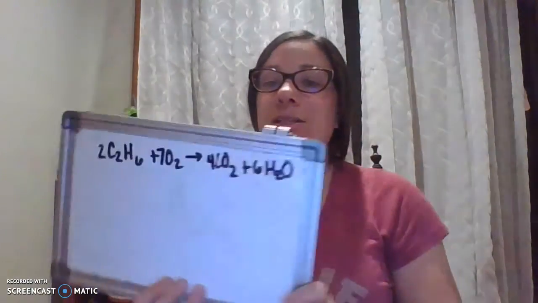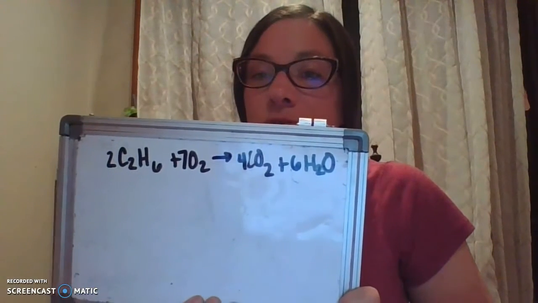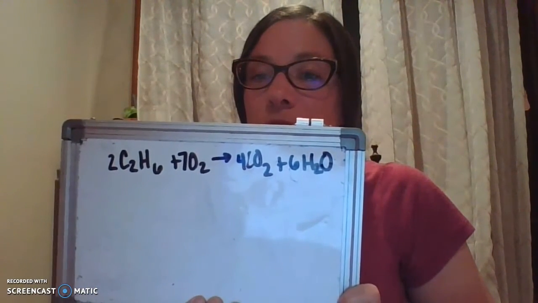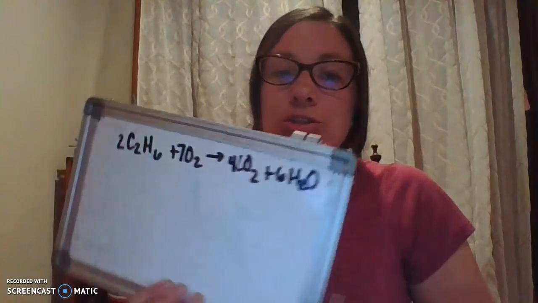We're going to start by balancing it. Here is the balanced equation: 2C2H6 plus 7O2 forms 4CO2 plus 6H2O. We had to double the coefficients because we had that weird number of oxygens on the product side. We had to get it to an even number by doubling everything.